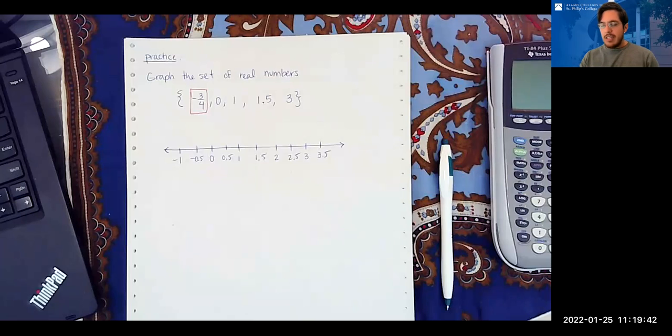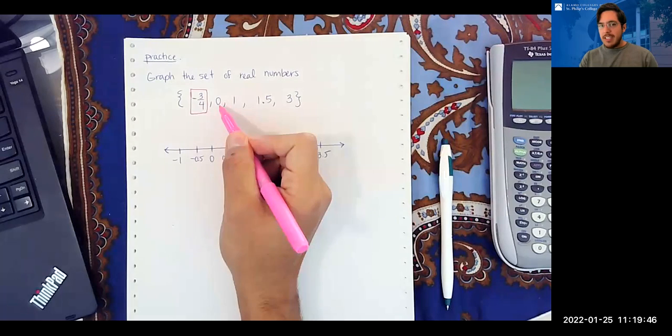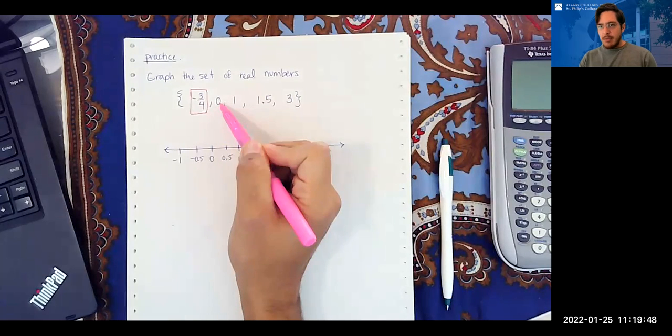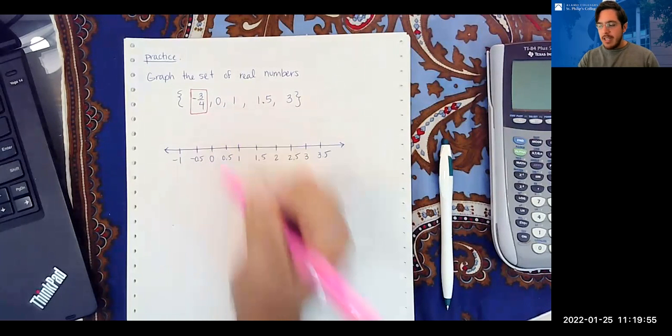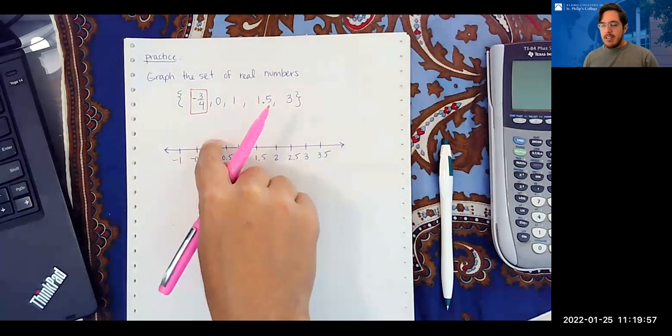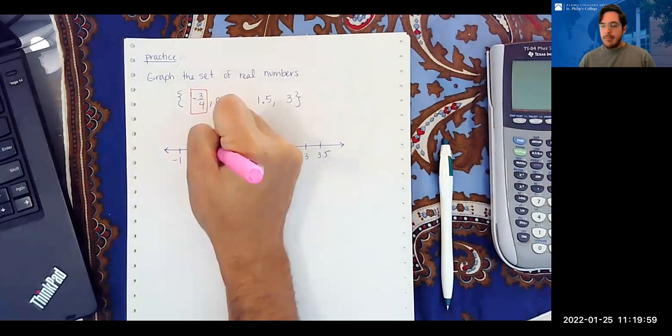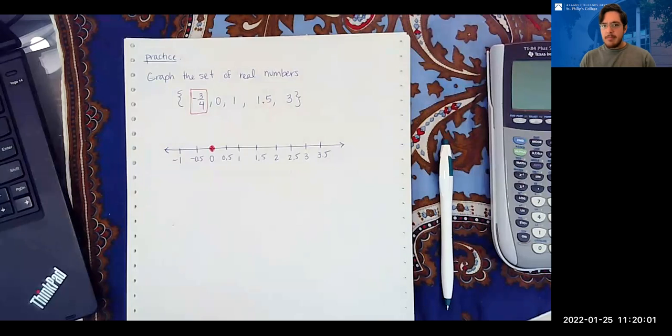Well, maybe let's skip that one for now. If I was trying to find the location of 0, is that one pretty obvious to you guys? We would just find the location of 0, and on Hawks, we would click right there and put a dot, right? And that's going to be graphing 0. Does that make sense?